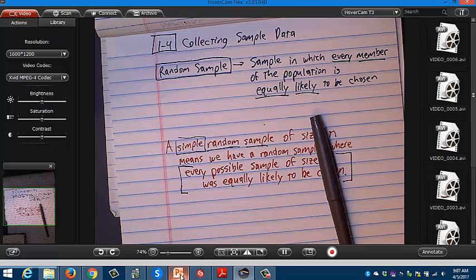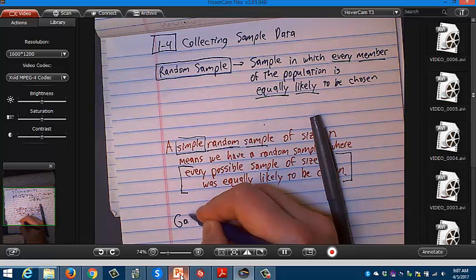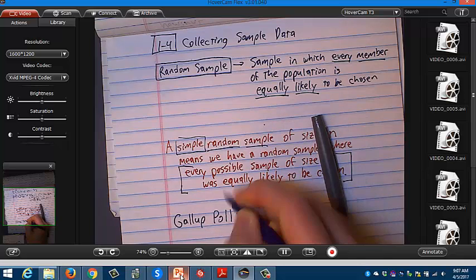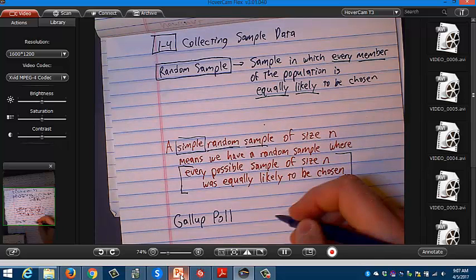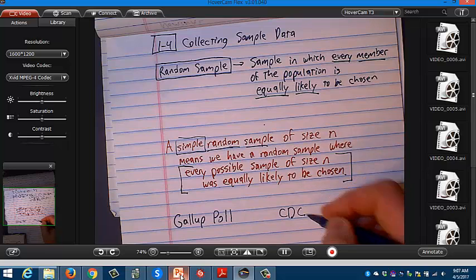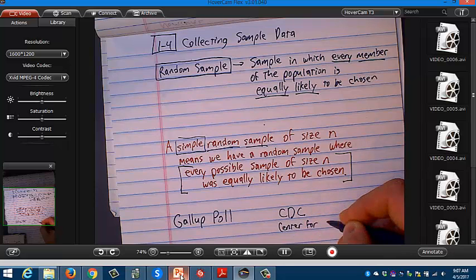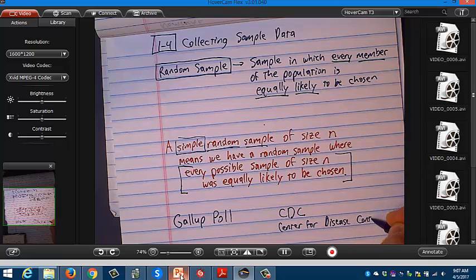Now, polling institutions, have you guys ever heard of this group? The Gallup poll, for instance? Have you guys heard of this organization, the CDC? I bet some of you know what that is. What's that? The Center for Disease Control. It's funny, putting these two next to each other. Are they related?